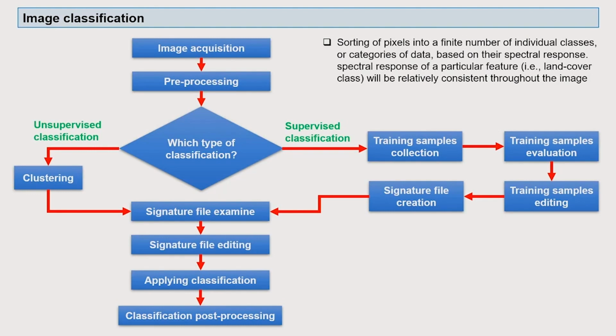Next section is image classification. This is again a very important part of remote sensing, especially when you go to study natural resources. So we need to know various important steps of image classification. We will not go into the detail because this is not the scope of this course.